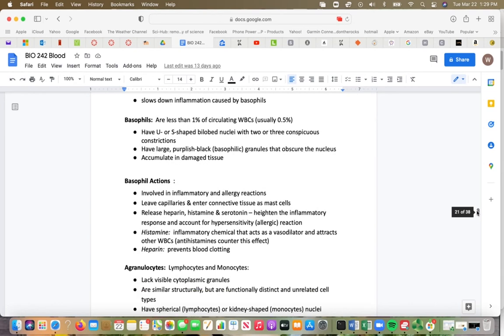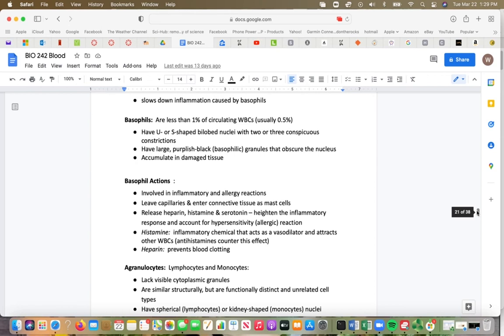They will have a U or S shaped bilobed nucleus with 2 or 3 conspicuous constrictions in there. So they are large, with purplish black granules in there that can obscure the nucleus, and they can accumulate in tissue damage.